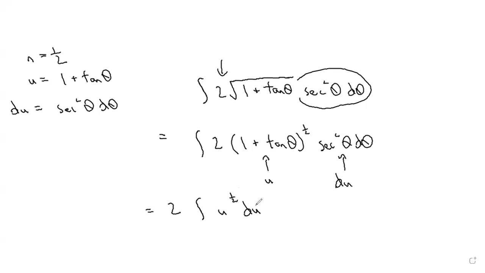And now we just apply the formula. Add 1 to the exponent and divide by that number. In this case, it kind of sucks because we have to deal with fractions. No one likes fractions. So add 1 to 1/2. What's 1 plus 1/2? That's 3/2. And then you divide by that number. So again, kind of sucks.